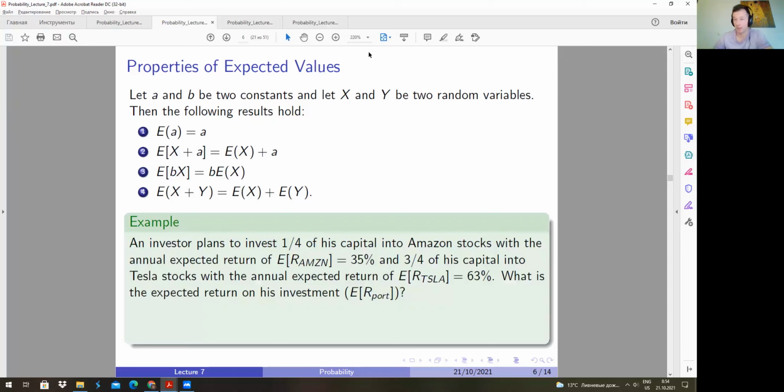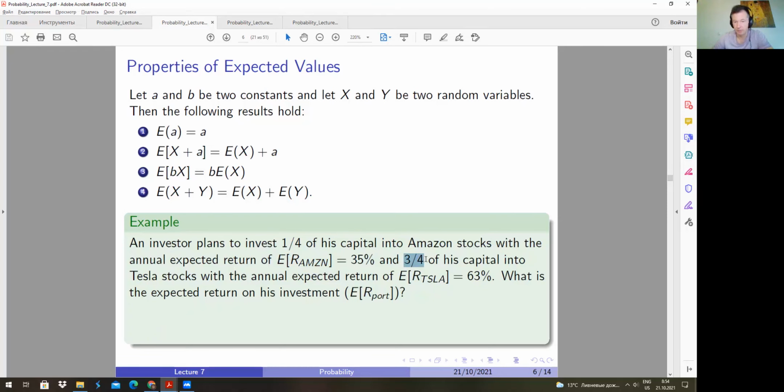So now some practical application of this. So suppose an investor plans to invest 1/4 of his capital into Amazon stocks with the annual expected return of 35%. So this is an expectation of a random variable of a return.